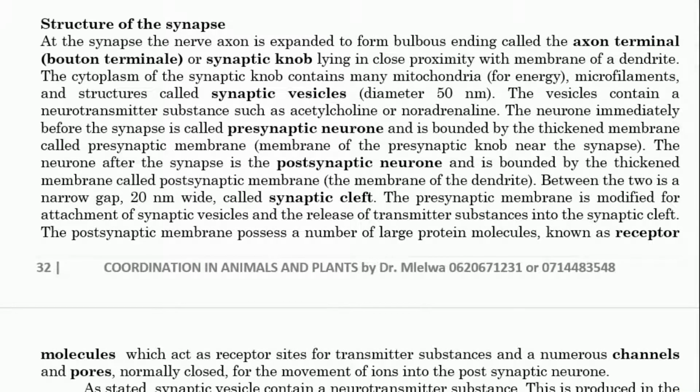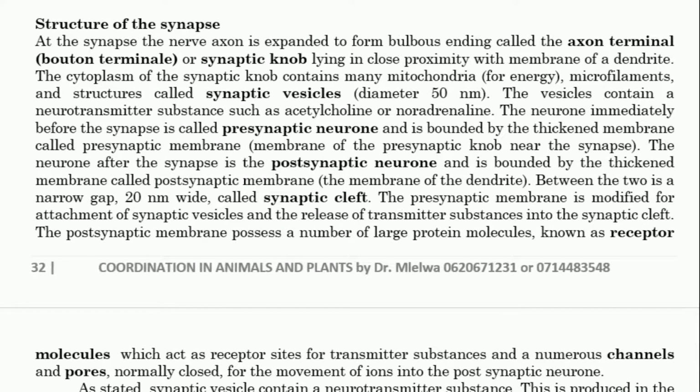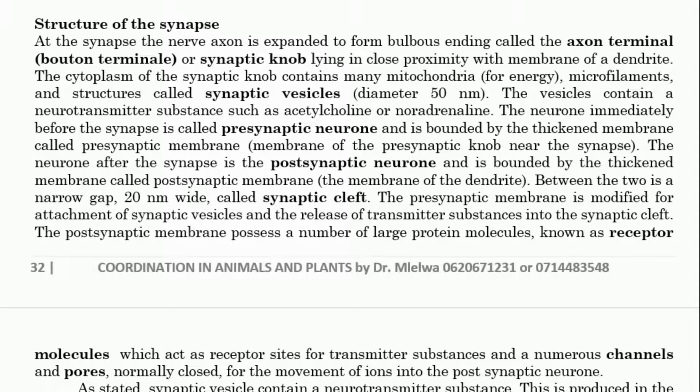If you remember when we were discussing the epithelial cells in the topic of nutrition, we didn't discuss in detail, but one of the features of the epithelial cells is that they have gap junctions in the lateral surface.